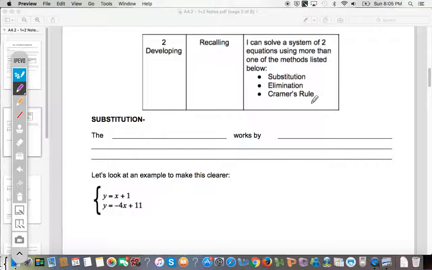Okay, I know some classes or some teachers do not teach Cramer's rule. I will get into it a little bit later once we get there, but I am going to teach it because I believe it is important. Okay, so let's look at substitution first.